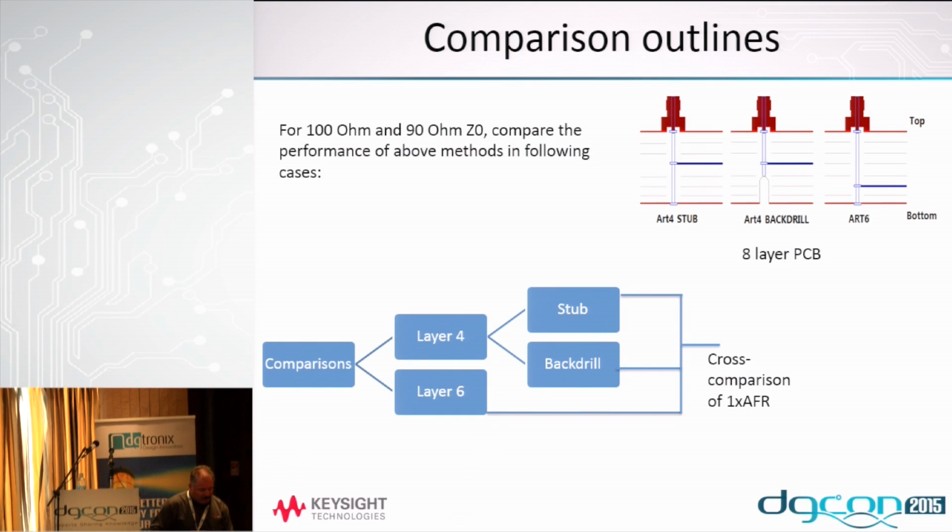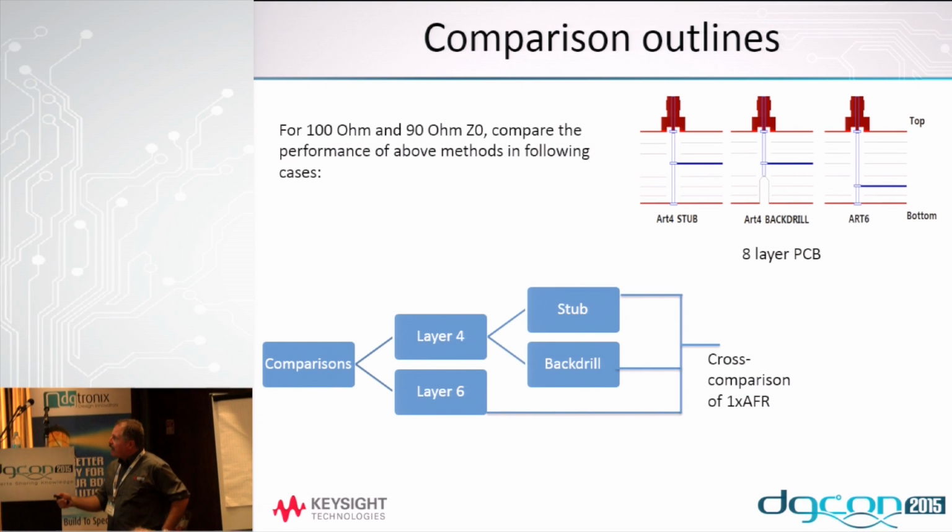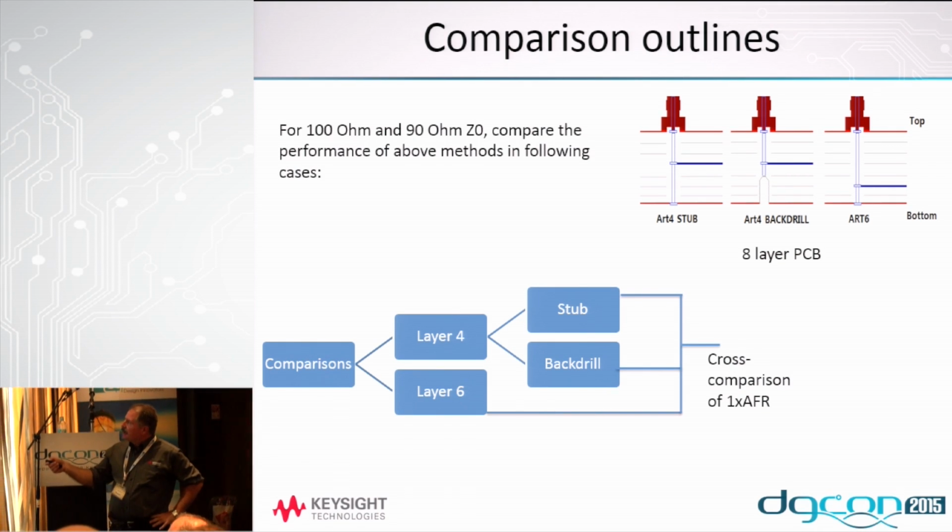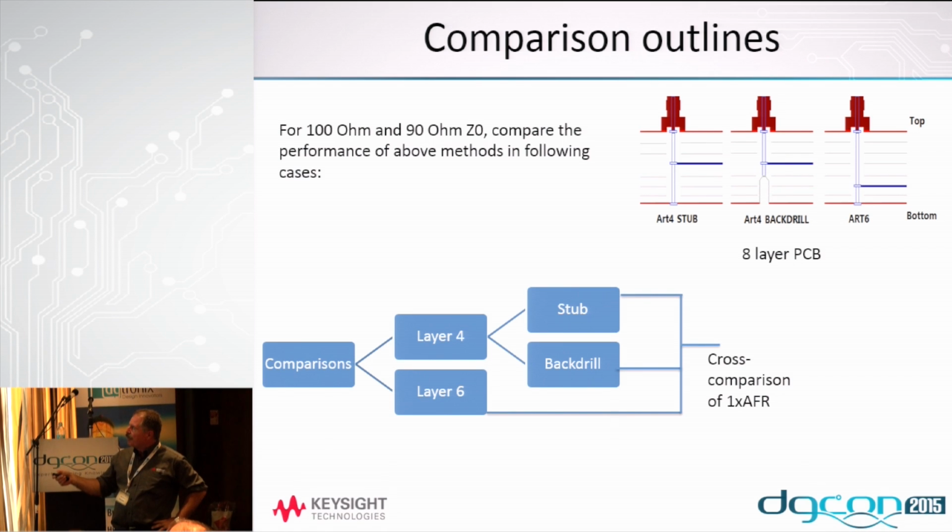So again, we had three different structures. We had a stub that was in the middle of an 8-layer board, excuse me. We had a back drilled via. Now, we all know why the back drilled vias, right? We know that stubs cause excess capacitance. I mean, characteristic impedance Z0 is equal to square root of L over C, excess inductance over excess capacitance. And so big via stubs, particularly on thick backplanes, will wreak havoc in your high-speed digital channel.